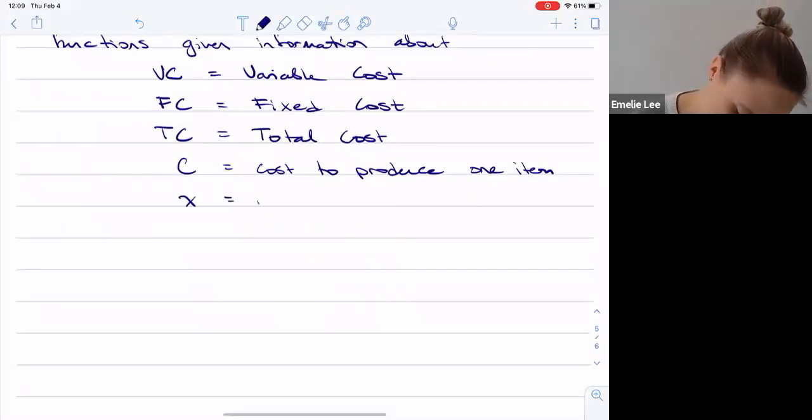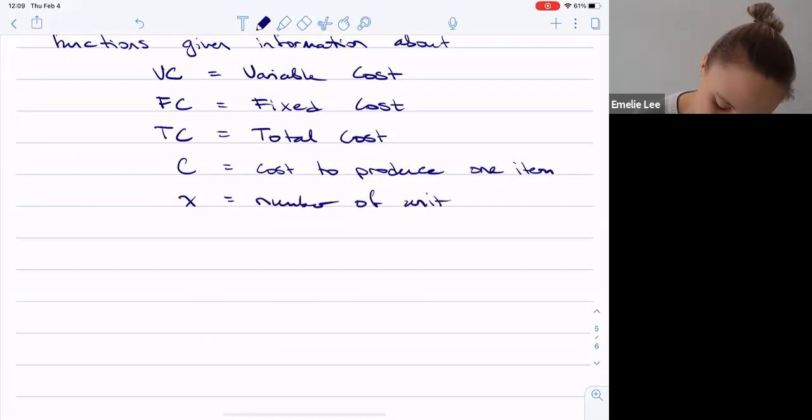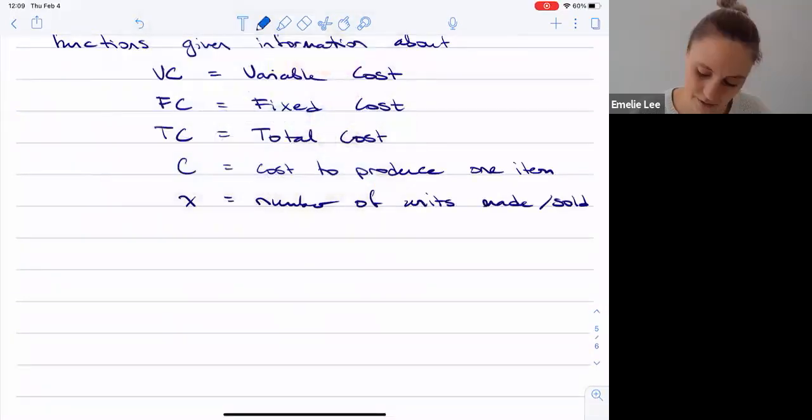X is the number of units made or sold. I will make a little note here, like I was saying, we assume that these are the same.